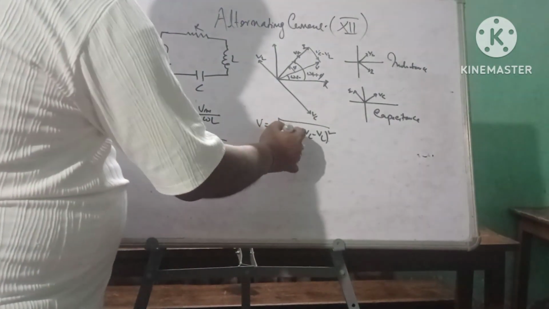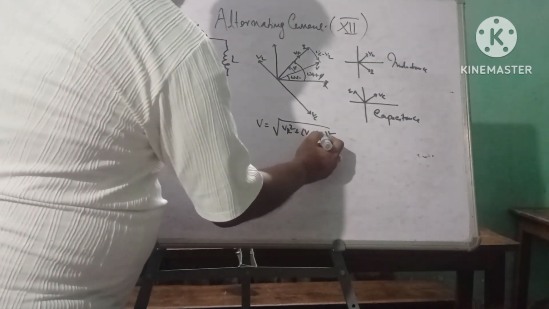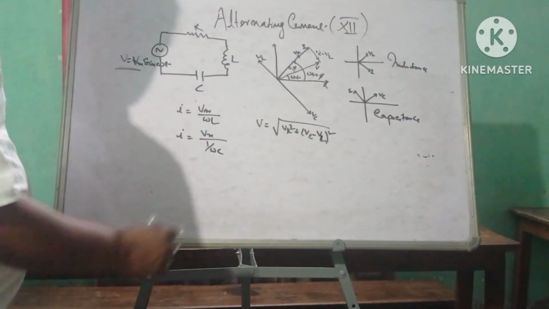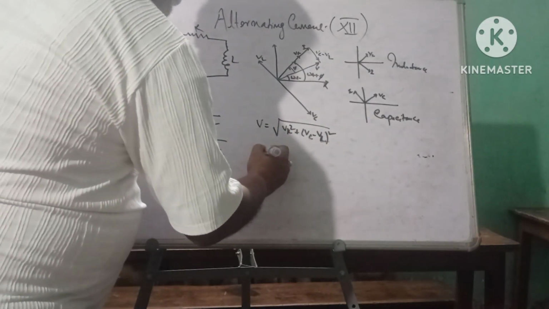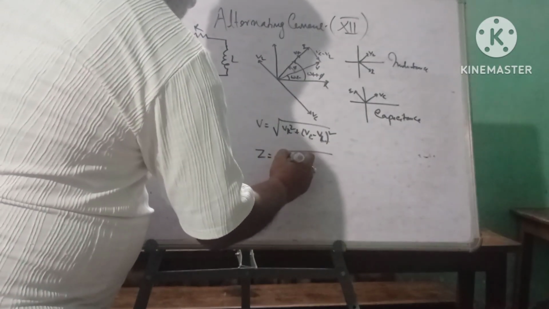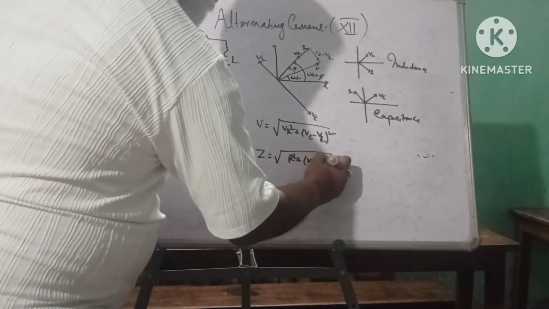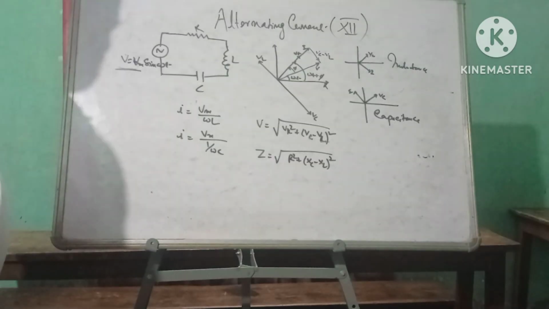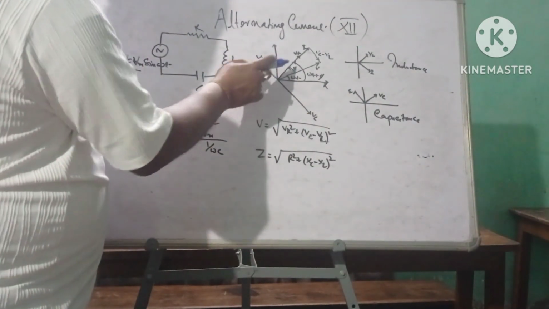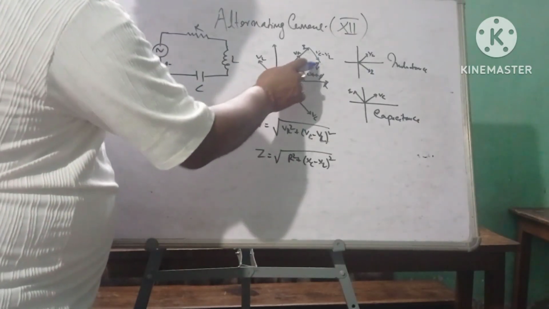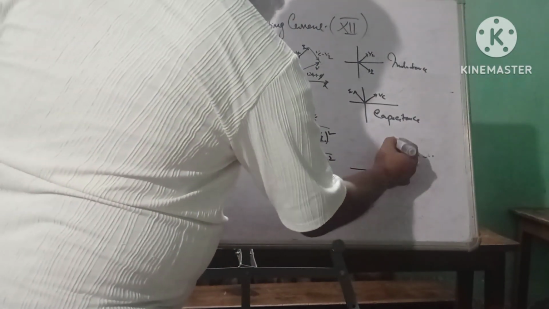If you place the values of VR, VC and VL, your impedance Z will be equal to the root of R square plus (XC minus XL) square. Again this is Pythagoras, and since VR is making an angle phi with the resultant V, your diagram will again be like this.